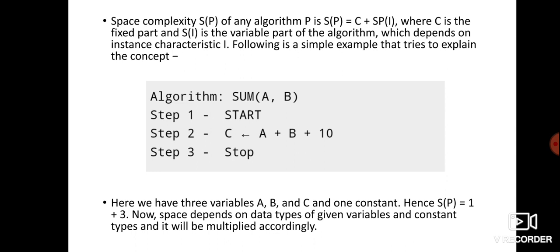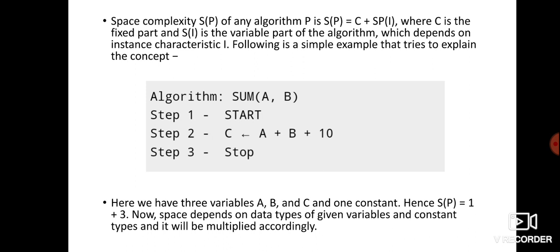Space complexity S(P) of an algorithm P is S(P) = C + S(I), where C is the fixed part and S(I) is the variable part of an algorithm, which depends on instance characteristics I. Following is a simple example that tries to explain the concept.